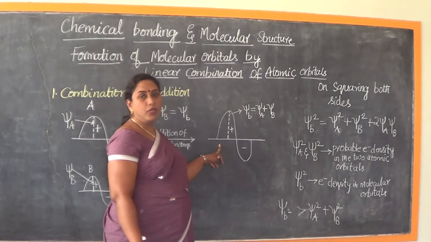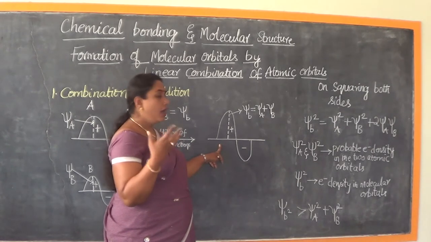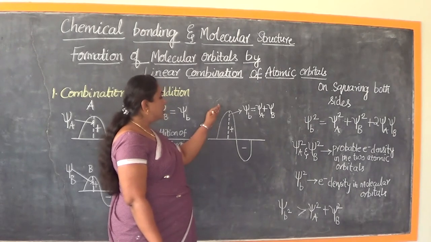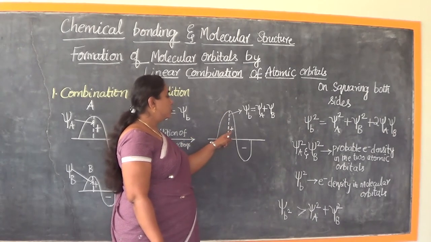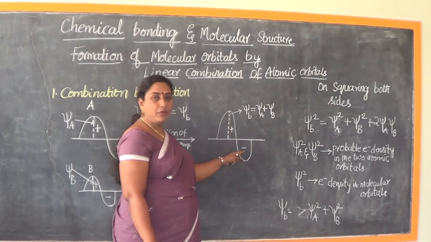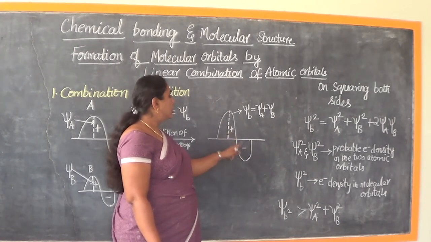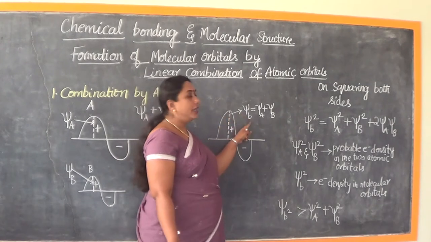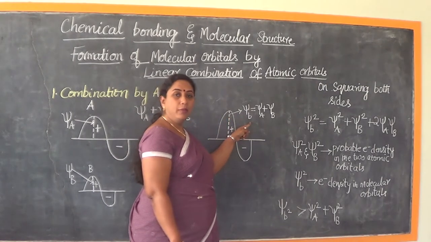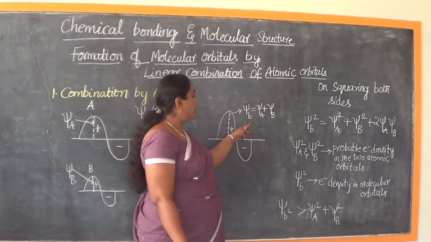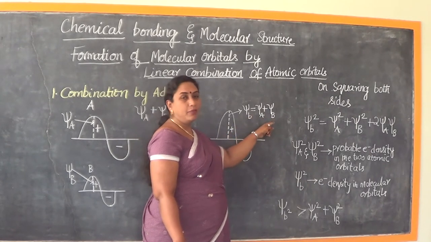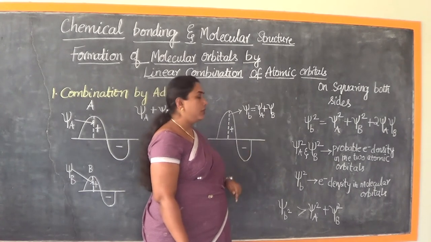Because it is in-phase wave, the amplitude increases, and that is what is diagrammatically represented here. The amplitude has increased, and this is the crest of this wave and this is the trough of the wave, indicated by a positive and a negative sign. And what is this finally indicating? This is psi b. What is small b? Bonding molecular orbital. This is equal to psi A plus psi B, the wave functions of the two atomic orbitals.